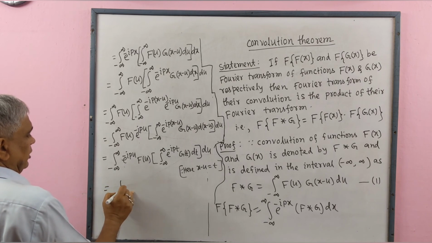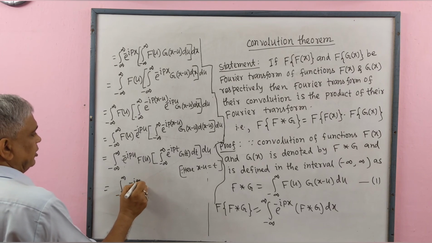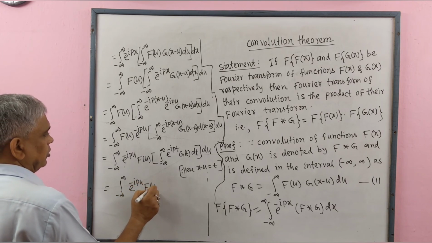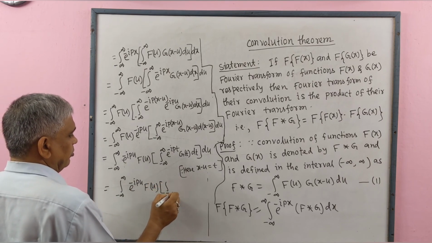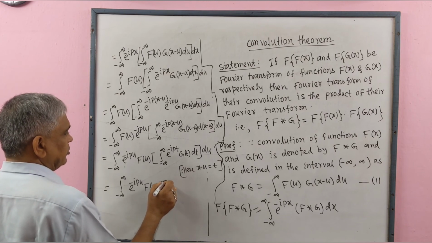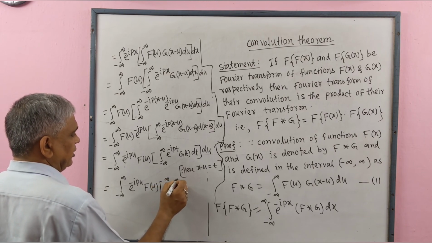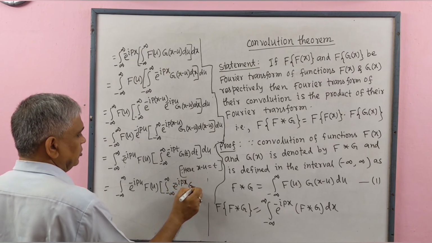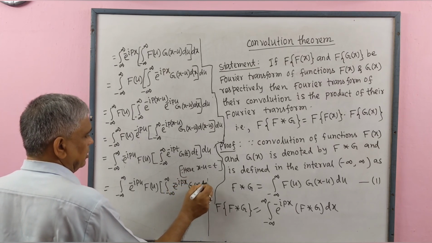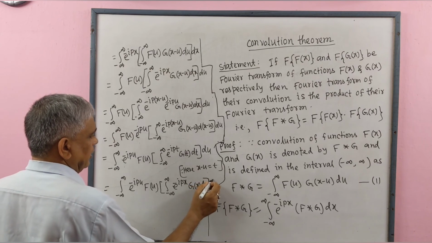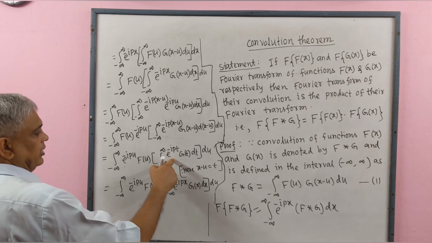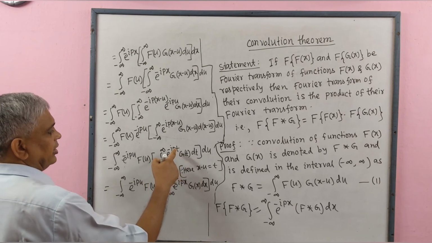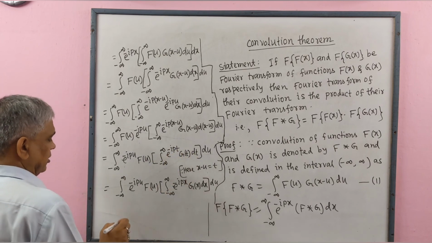We may change the variable: the integration from minus infinity to infinity of e to the power minus ipx g(x) dx and outside du. Since this is a definite integration, we may change the variable.